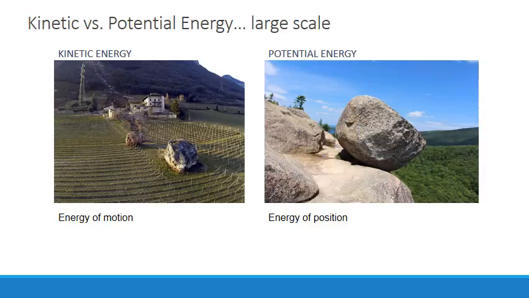Kinetic energy is the energy associated with an object by virtue of its motion. An example of kinetic energy is the motion of a boulder as it rolls over the ground after falling from the valley wall. Because of its motion, we can see evidence that it has moved objects, like the house on the hill, and the upper meter or so of soil in the vineyard.